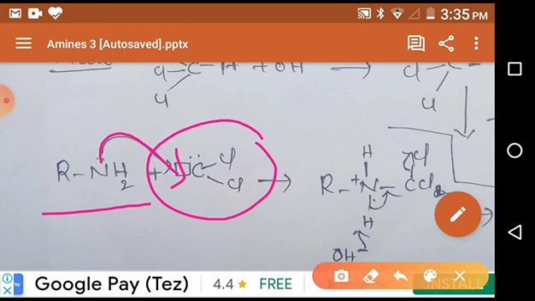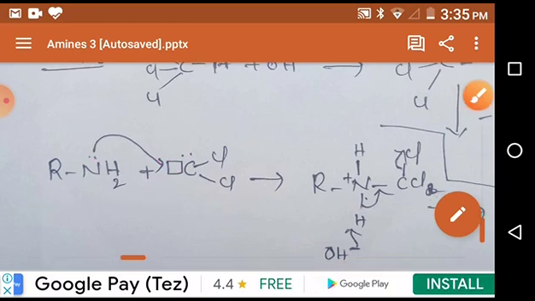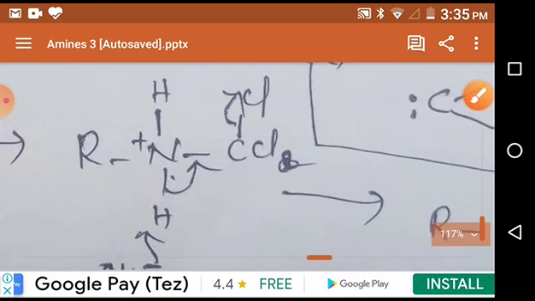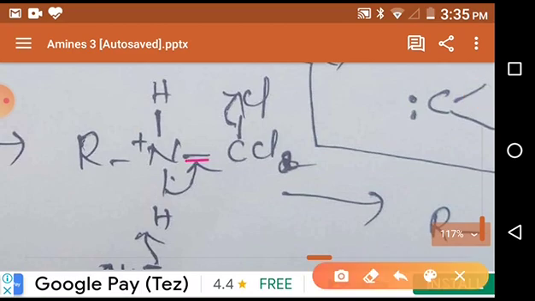It is electron deficient as it has only 6 electrons. That's why it accepts electrons from amines. So the amine donates the electron pair that nitrogen has. That's why a carbon-nitrogen bond forms. You see, this is a new bond, a nitrogen-carbon bond.